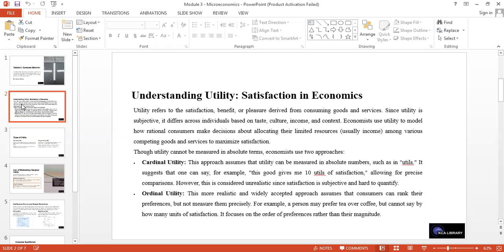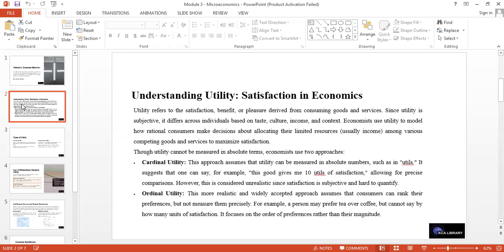For example, if you are coming from a very hot sun and you are very thirsty, the number of cups of water it will take you to get satisfied is the utility we are talking about.